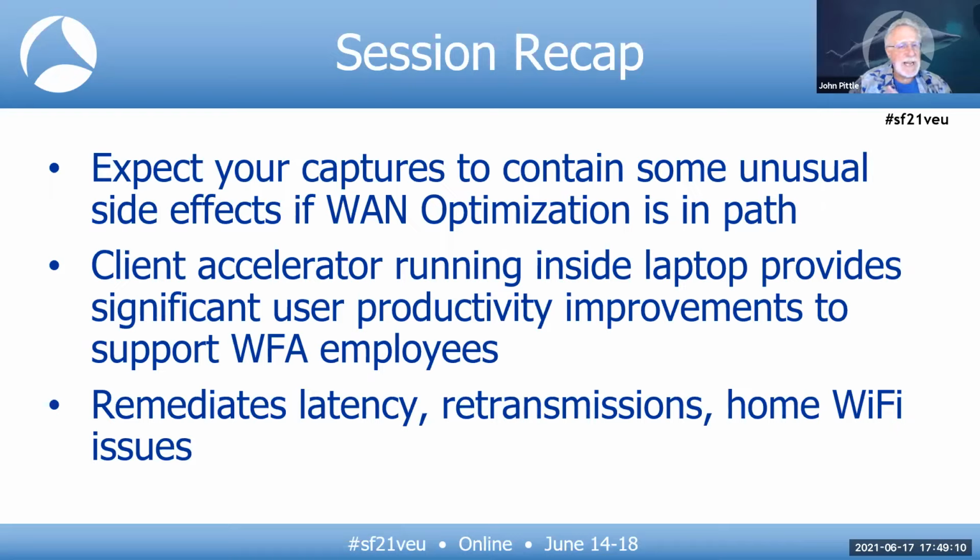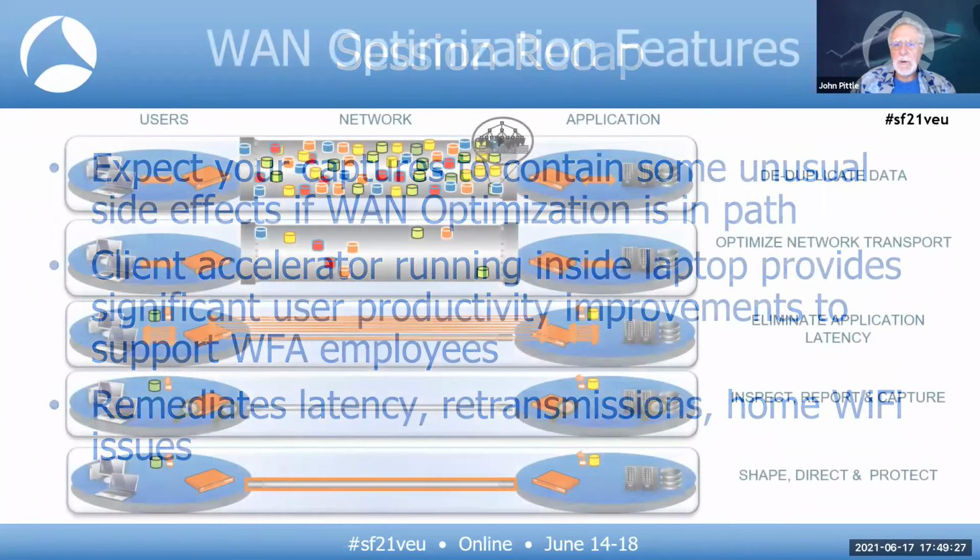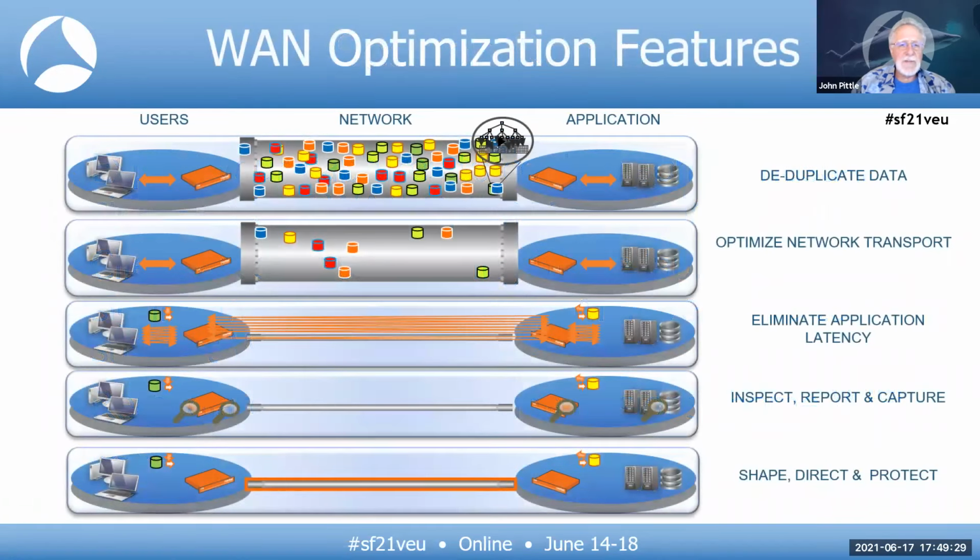It gets rid of latency, gets rid of retransmissions, and all my typical home Wi-Fi issues of not enough bandwidth, or my Ring cameras going off and dropping my connection. None of that impacts me when I've got this turned on. Here is a quick summary slide of what the different WAN optimization features are.